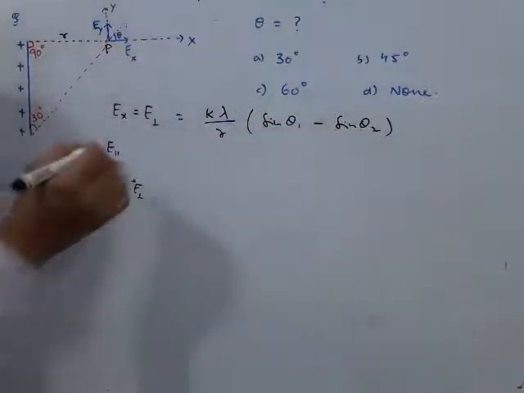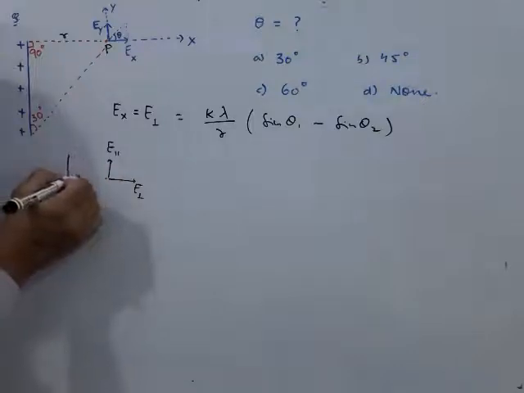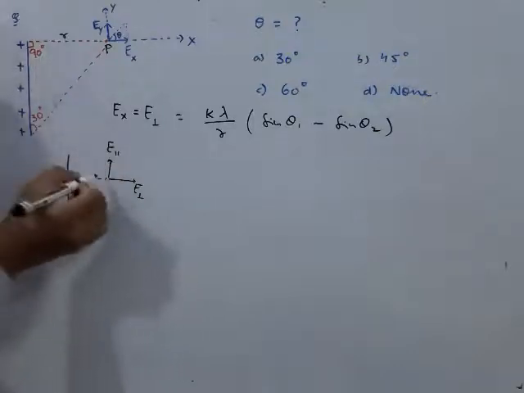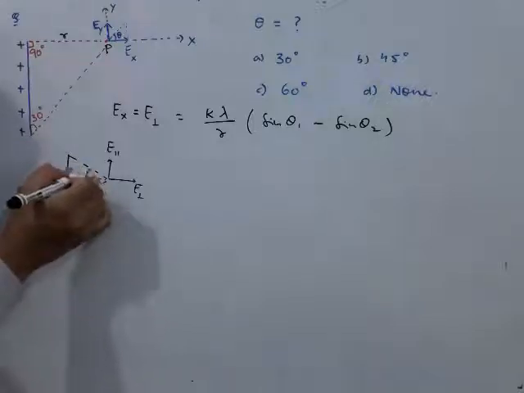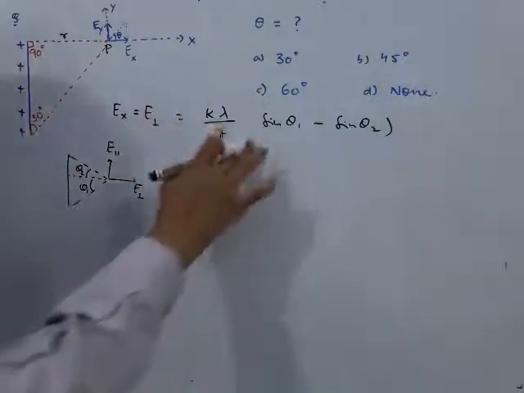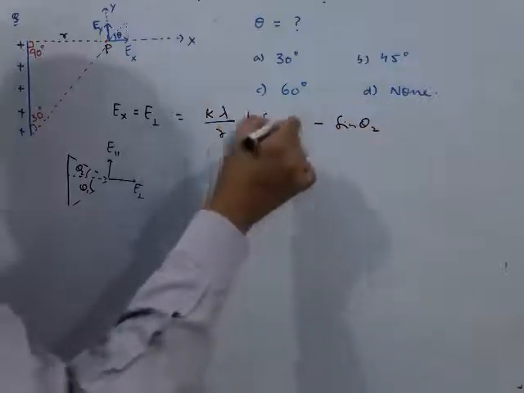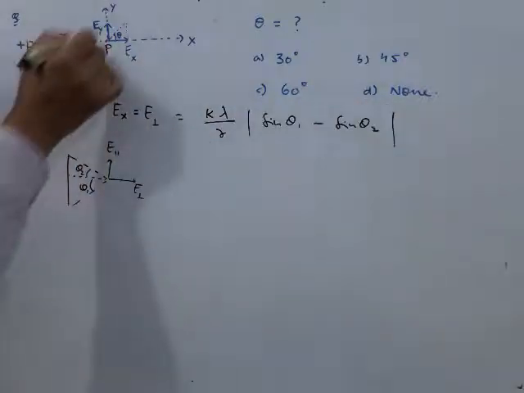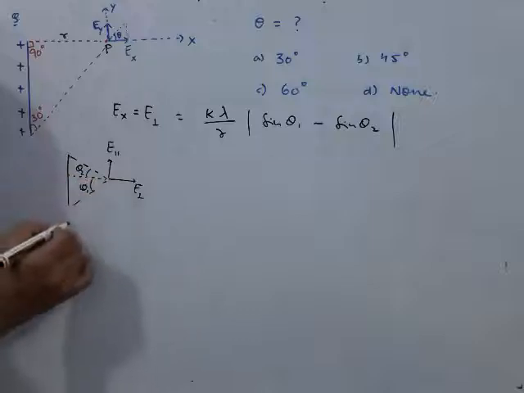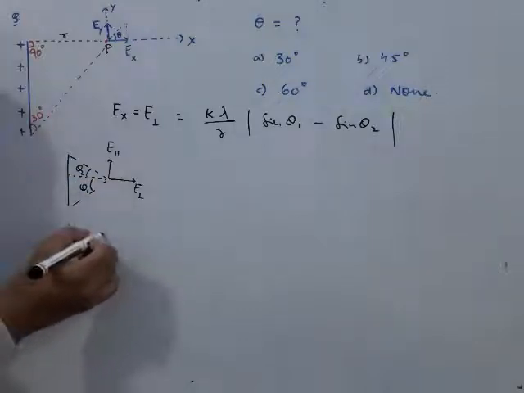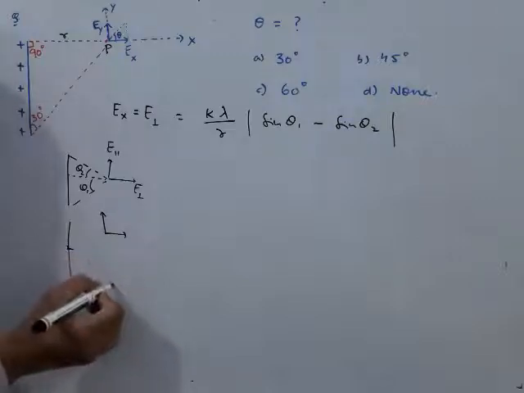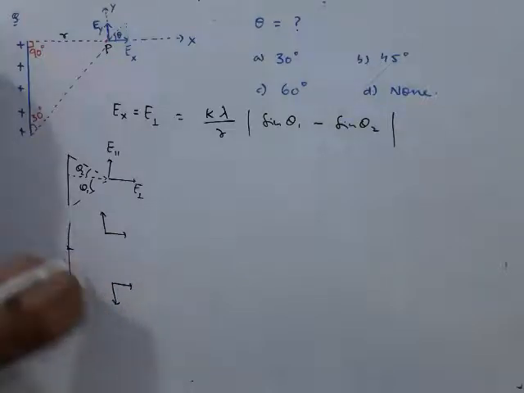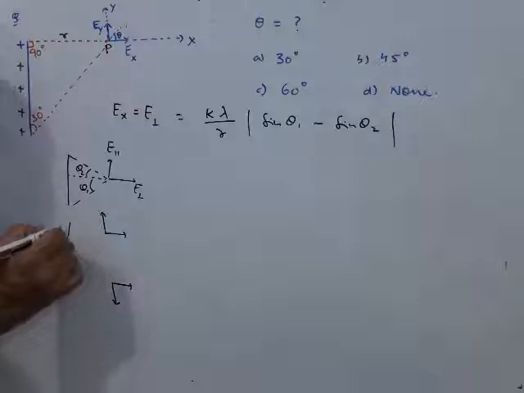Now what are theta 1 and theta 2? This angle corresponds to theta is equal to 0 degree. So these angles are theta 1 and theta 2. And then I have discussed that we must take the mod. Directions will remember, if the point is above the midpoint, the Ex and Ey components will be like so. If it is below the midpoint, they will be like so for positive distribution of charges.